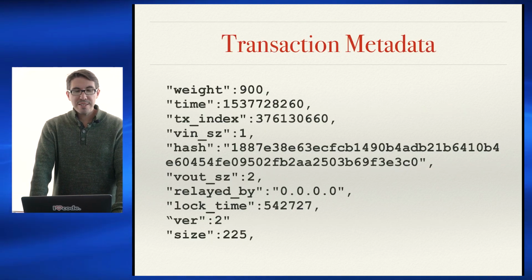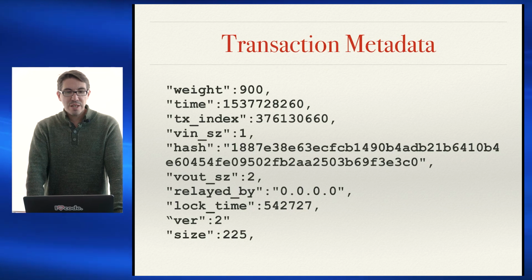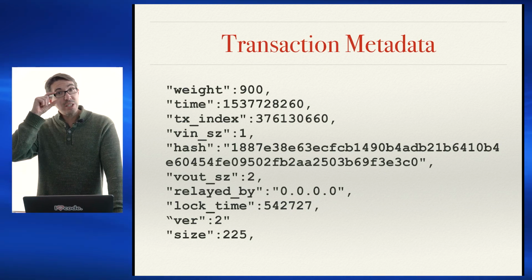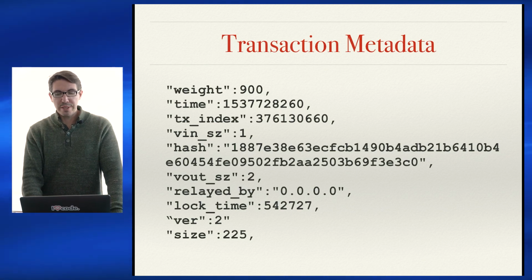So here's just an example of transaction metadata: what time it was sent, its index, a hash, what block it'll be valid at. That's the lock time. So you can have a transaction that won't actually be valid until a future block. This will actually come in handy when we talk about atomic swaps a little bit later in the course.